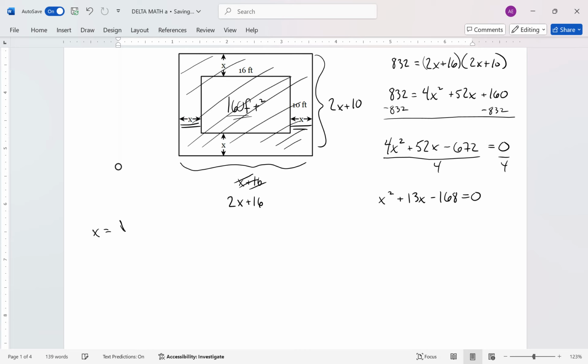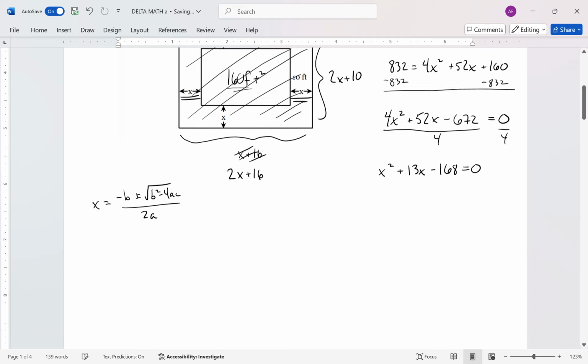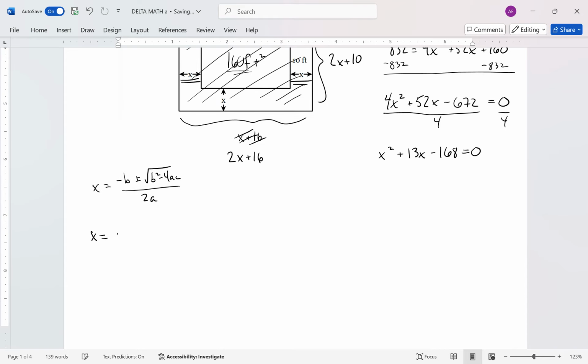x equals the opposite of b, plus or minus the square root of b squared minus 4ac, all over 2a. So I will get x equals the opposite of 13, plus or minus the square root of b squared minus 4, where a is 1 and c is negative 168. The cool part about having divided by 4 is that I know it's going to be 672.